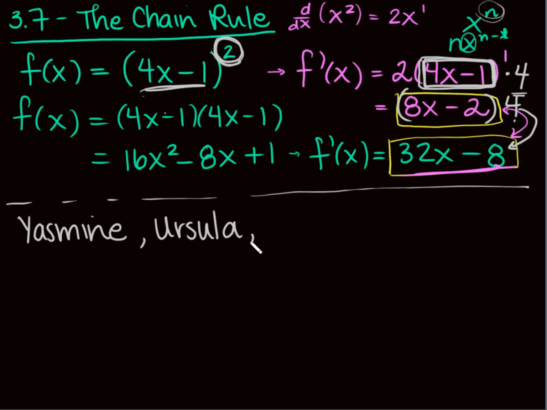And let's do an X. So let's say that we have Yasmin, Ursula, and I don't know, Xavier. That's not how you spell it. My kids aren't, well, Eliza has a Z in it, but Xavier? Sure. Xavier.